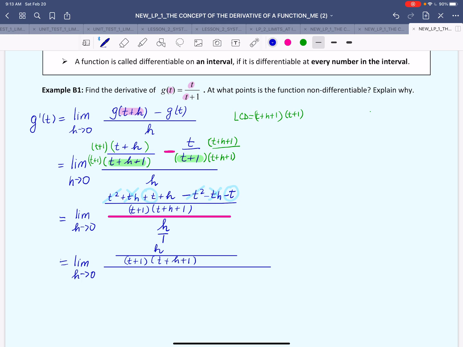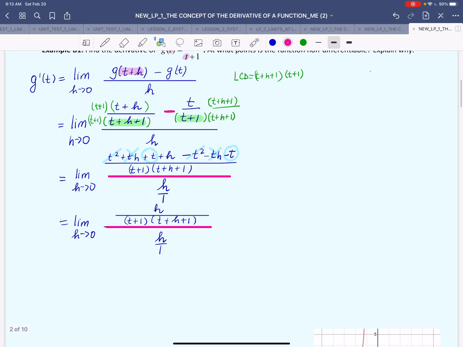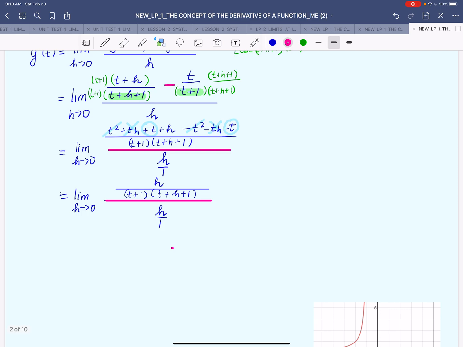Okay, that's lovely. And all this will be over h, over 1 if you wish. Now remember that this would be our big fraction, and it's time for us to divide. And when you divide two fractions, we change the main division into multiplication, and you reciprocate the denominator, h over 1.